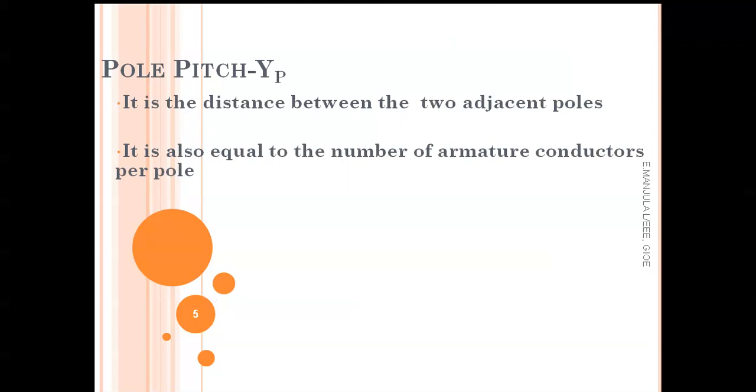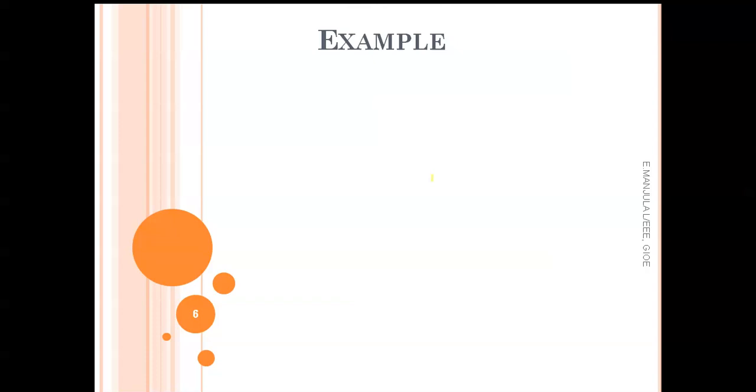It is the distance between the two adjacent poles, and it is also equal to the number of armature conductors per pole. Example, we will see the example.